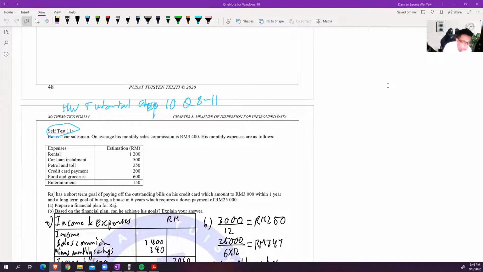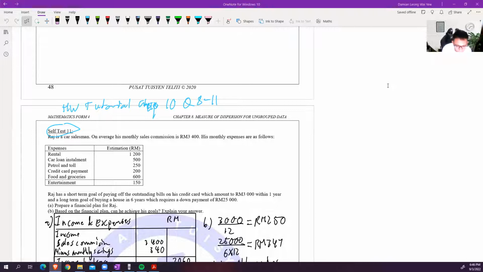Even if you include Form 5 chapters, you do 2.5 chapters a month maybe, then by SPM shouldn't be an issue as well. And you don't even need to spend a lot of time on it.